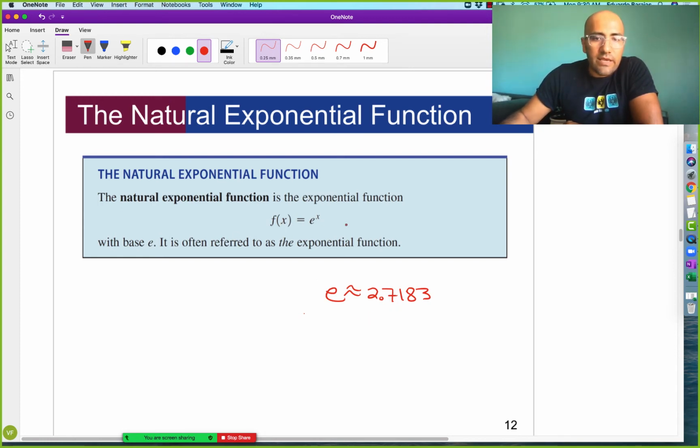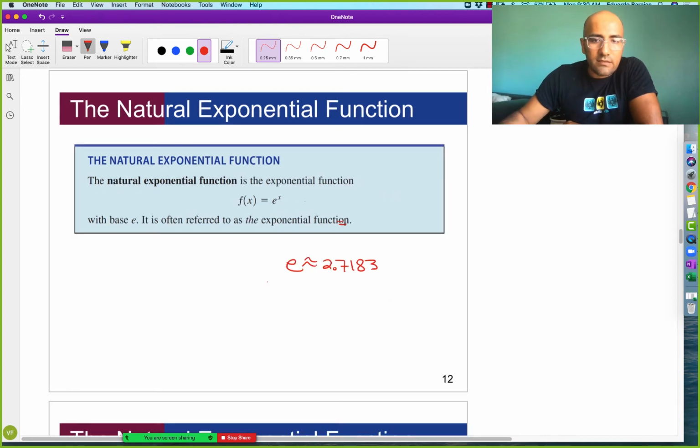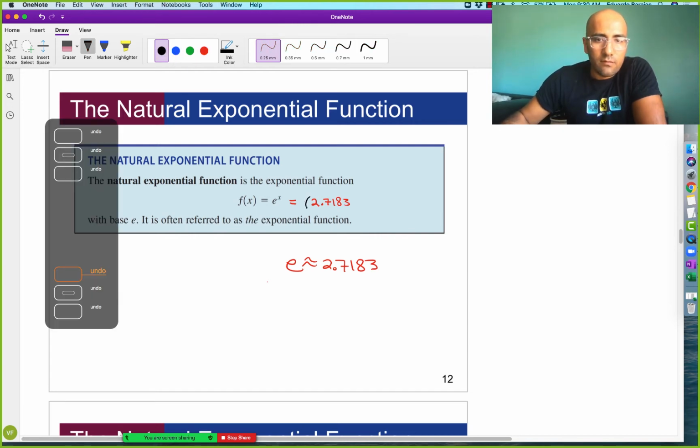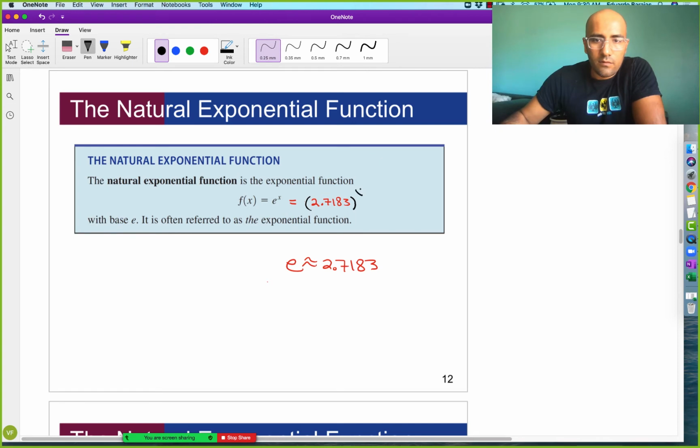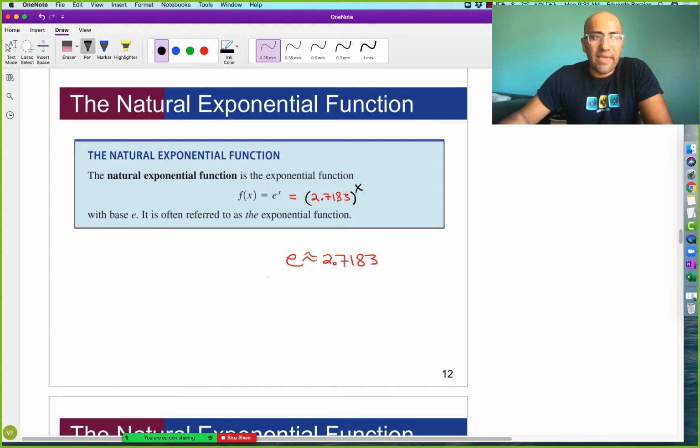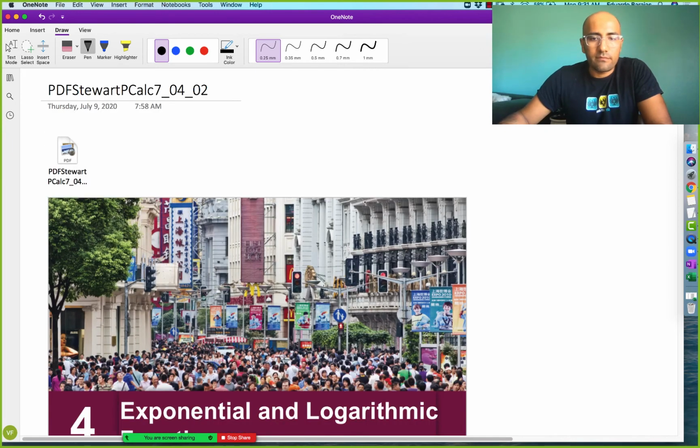So when you see this, you're really being asked this: it's 2.7183 to the power of x. Right? So think of it as any other base number raised to an exponent.